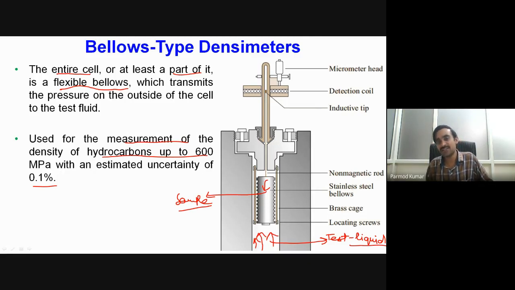Because of this known pressure of the test fluid, the pressure will act on the bellow, and there will be contraction or movement of the bellow boundary. So ultimately, inside this bellow we are compressing our sample, which is subjected to some known value of pressure. How much this bellow has compressed will be detected with the help of this detection coil and inductive tip.